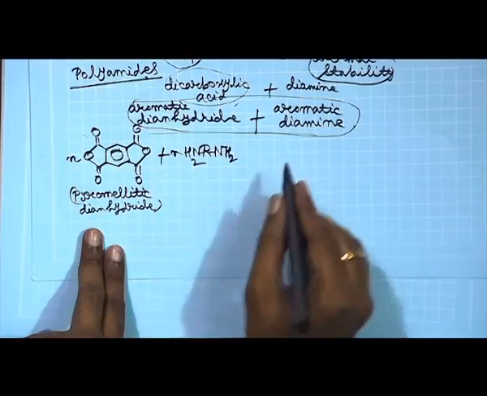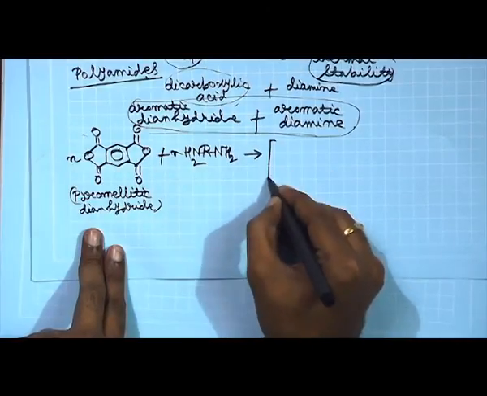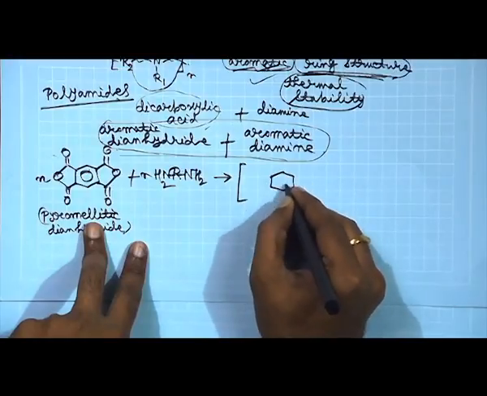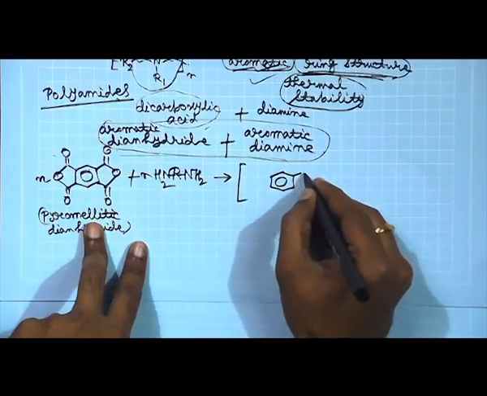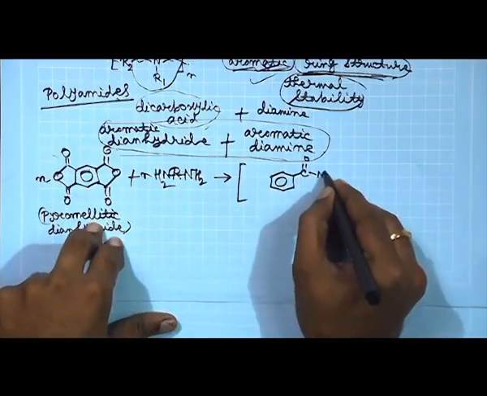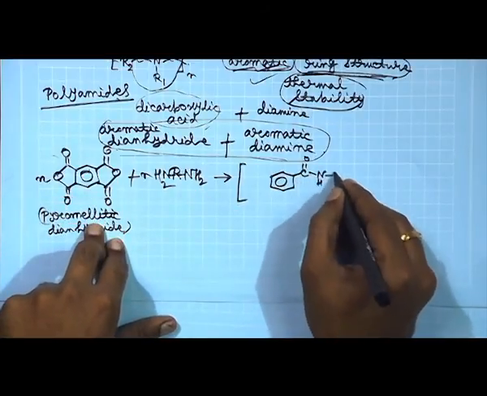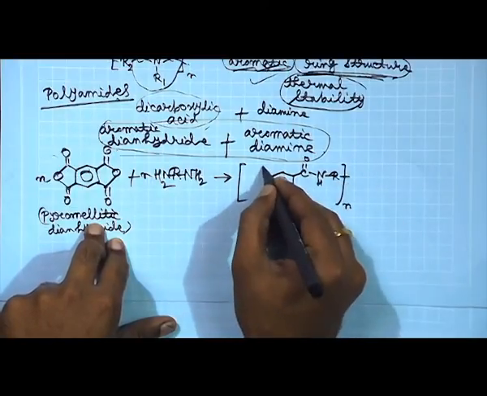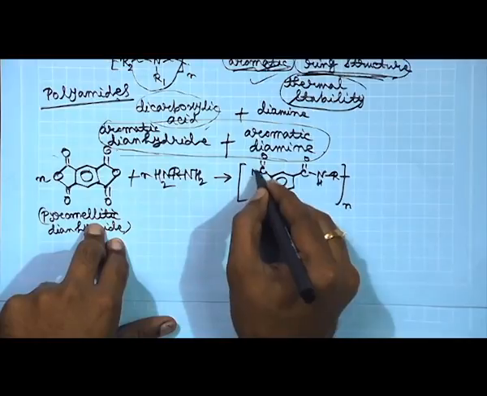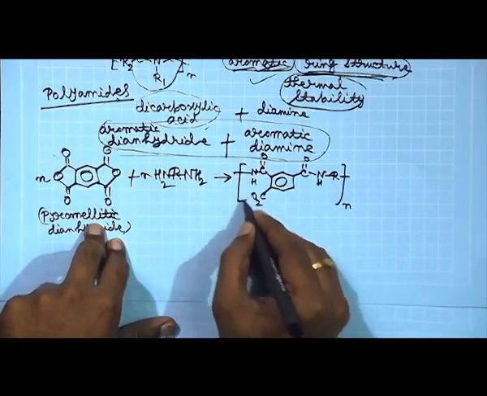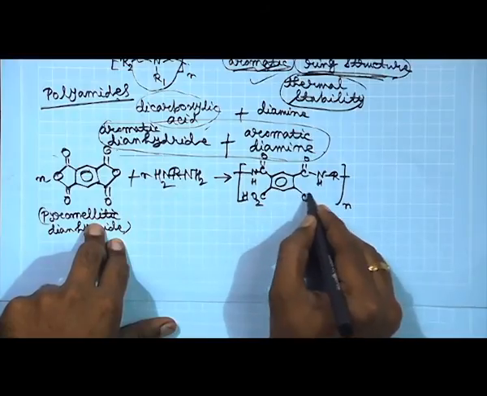So, you are reacting with a diamine, then what you get is the following compound. Basically here you have an amide formation, CONH R. This side it will be CONH, because this is the repeat unit, and here you have CO2H, CO2H.